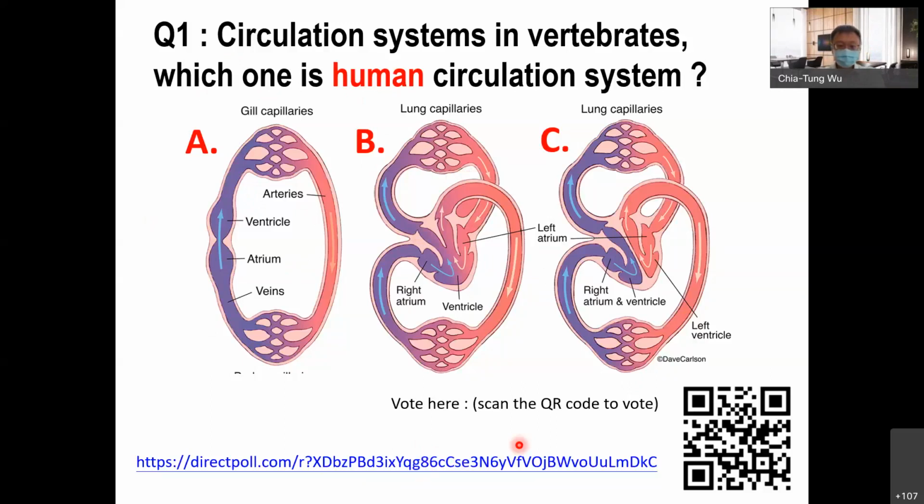Okay, I will give you 30 seconds to vote. I think everybody is here. Just let me know you are here.